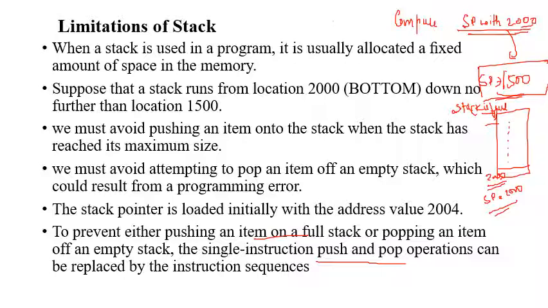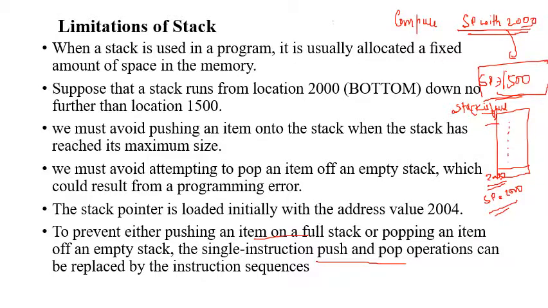Whereas when you compare with 1500, if the stack pointer matches 1500, then it has to throw you an error saying that the stack is full. This is how you can solve the limitations that are faced in the case of stack.